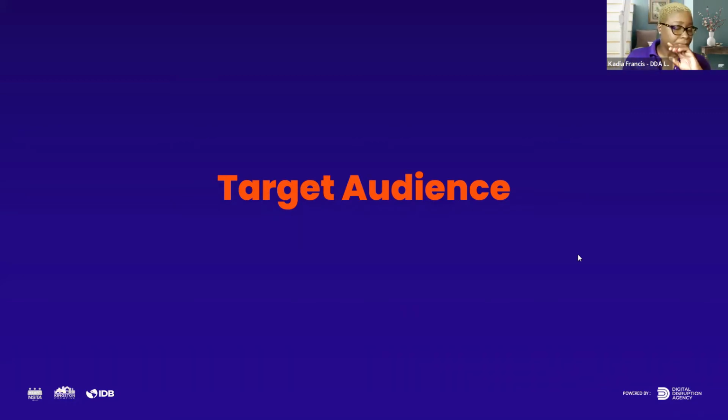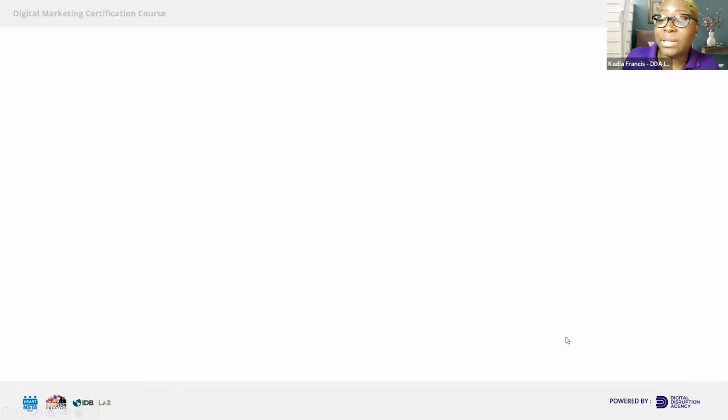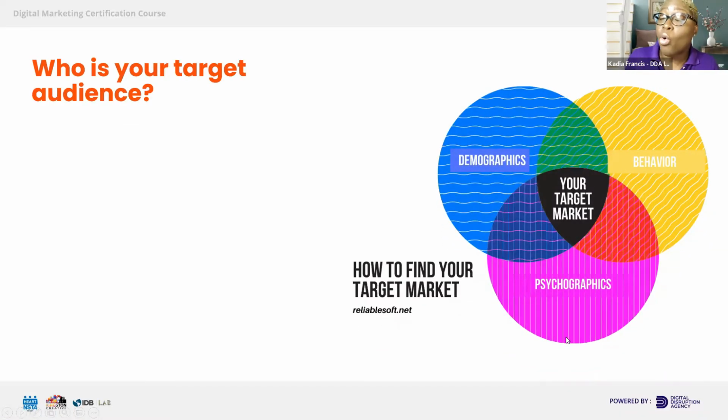Okay, great. So the first part of your strategy is figuring out what the business goals are, and identifying the objectives that are going to help you, as best as possible, get to those goals. The other important element in your strategy is who you are going to be talking to. Who's your target audience?